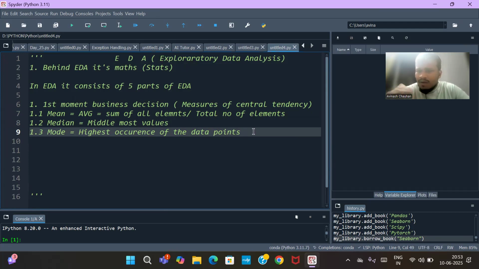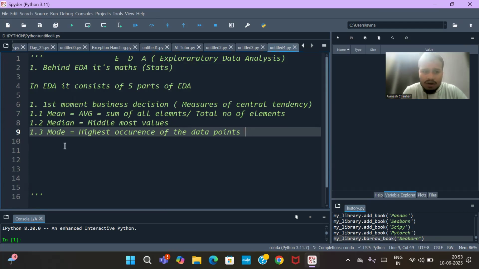Okay. So for example, for mode, just take a class. In a class, there are 30 girls and 50 boys, and total strength is 80. So what is the mode of that class? The mode of that class is boys. Why? Because the highest occurrence of the data is of boys, not of girls.